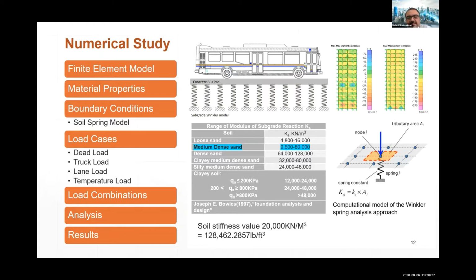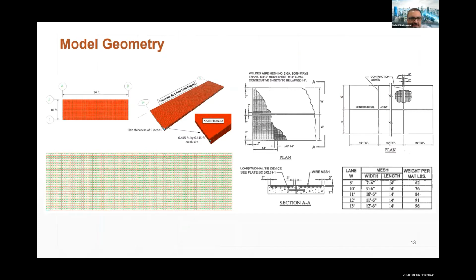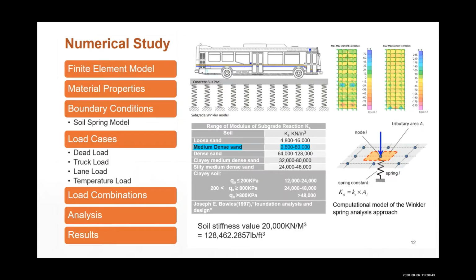So the self-weight of the concrete, as I told you, was considered as a dead load and was uniformly distributed, as a slab with a thickness of 9 inches with a normal weight concrete. In the finite element model, we use the CSI SAP 2000 software package.